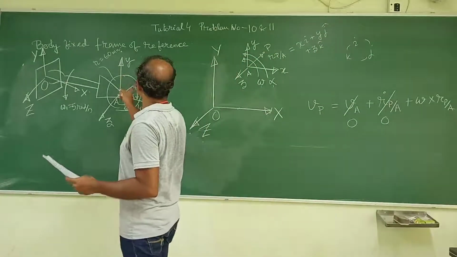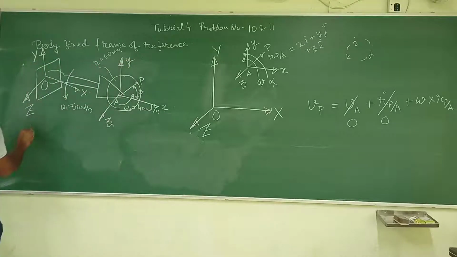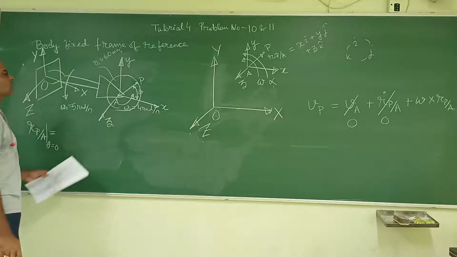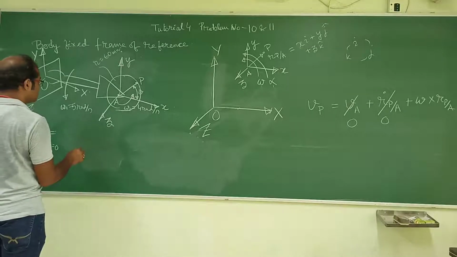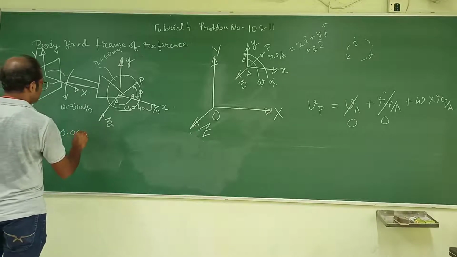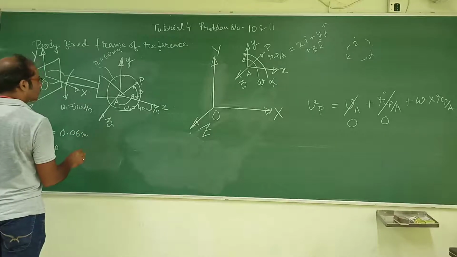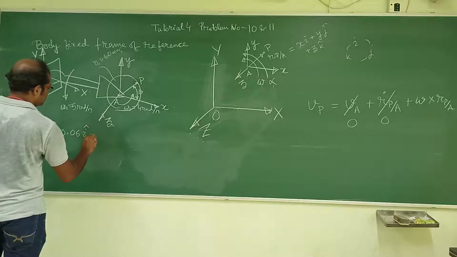So for theta is equal to 0 degree, you understand that your position vector is R P by A. For theta is equal to 0 degree, what is it going to be? Yes, 60 millimeters, so 0.06 meter towards I. So 0.06 I meter.